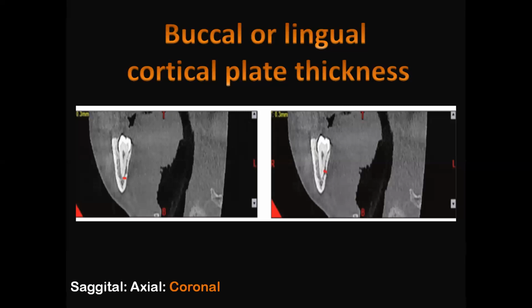If the quality is more whitish, it means the bone is very dense, so it will be more and more difficult because the bone is inelastic. When it is more grayish and blackish, it is more elastic, so it will be much easier for you to apply force and extract it. This is again viewed in the coronal view.